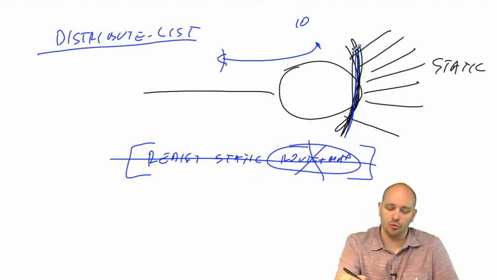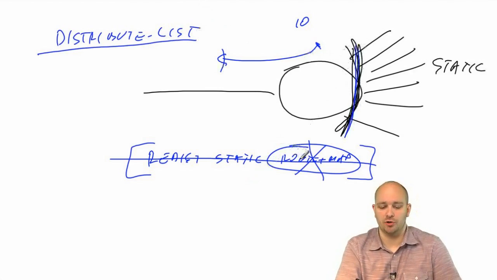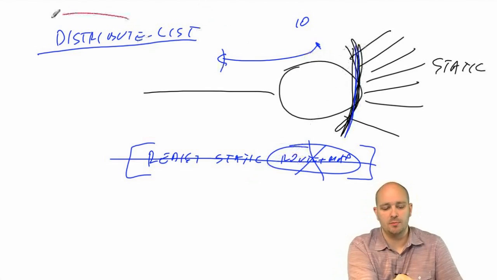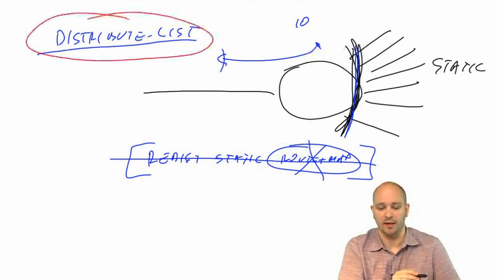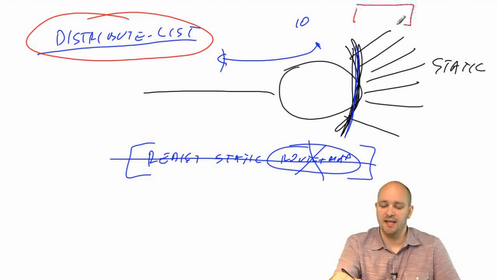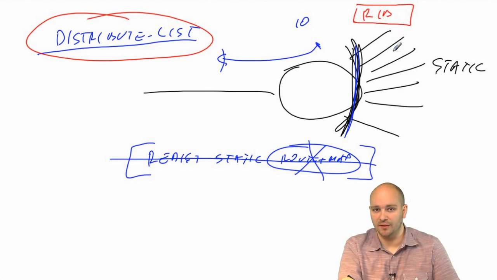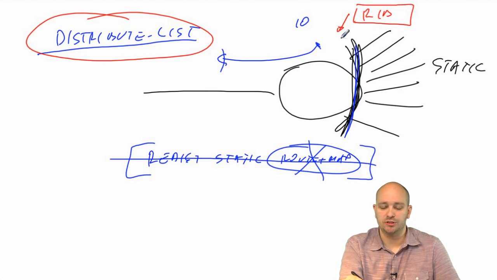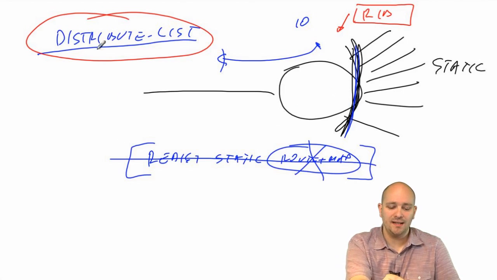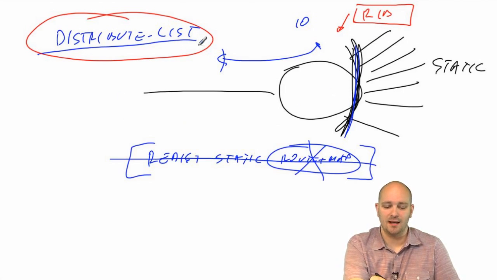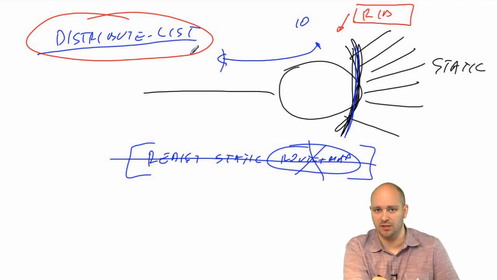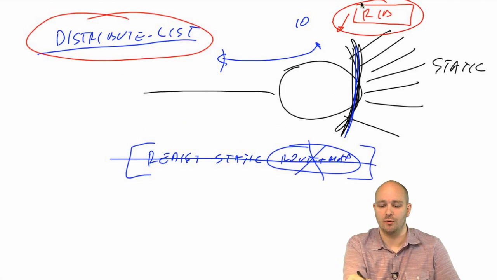When we want to use distribute lists for the redistribution filtering, we need to put ourselves in the position of the routing table, because this is where the filtering will happen, from the routing table out into the particular protocol. So what we need here is a distribute list applied in the outbound direction from the routing table.